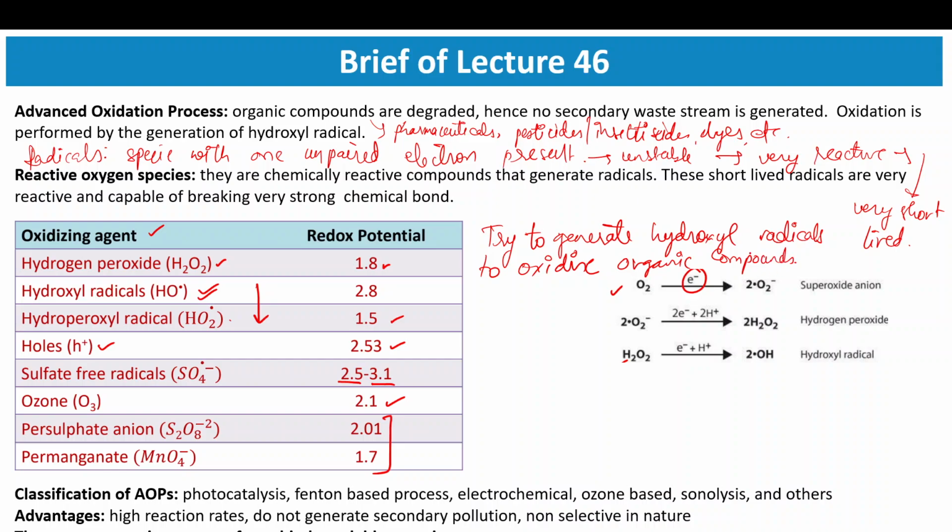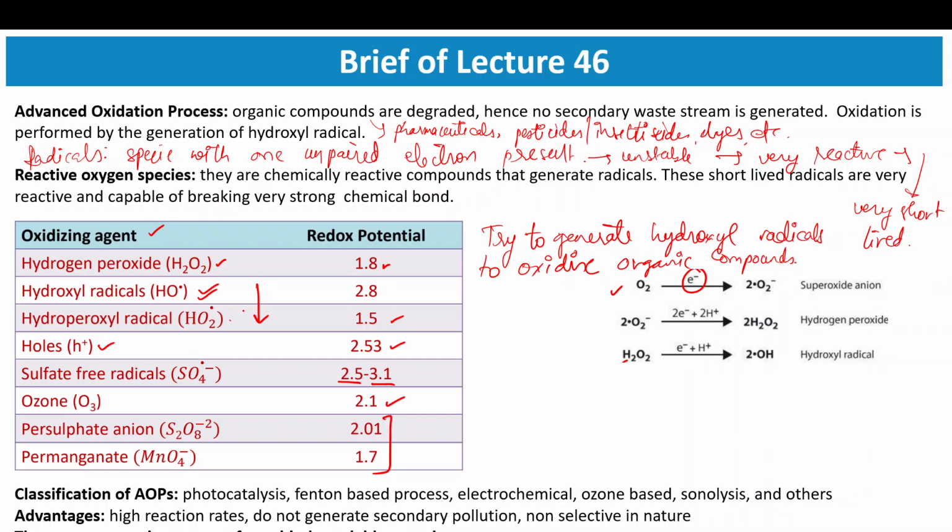Now why only hydroxyl radicals? Because the oxidation tendency or the power of any oxidizing agent depends on the redox potential, right? So the higher the redox potential, the better the reactivity or better tendency for the oxidation to take place.